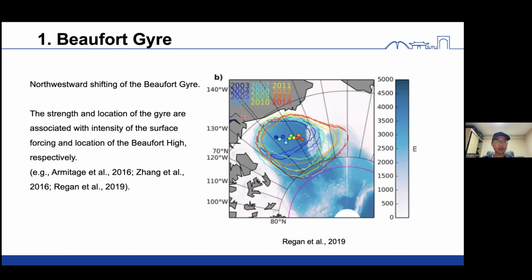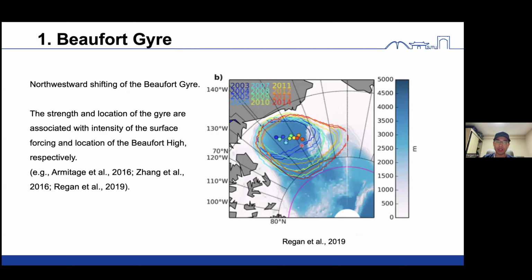Then many studies have been aware that the Beaufort Gyre has been changing, and this is the plot showing the edge of the Beaufort Gyre in each year and the core of the Beaufort Gyre in each year. You could see that the gyre is expanding and moving towards the west, the northwest, I would say.